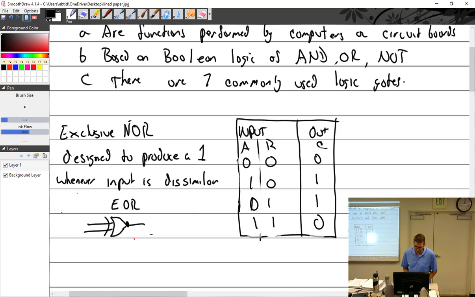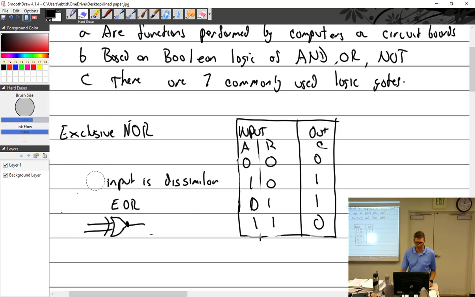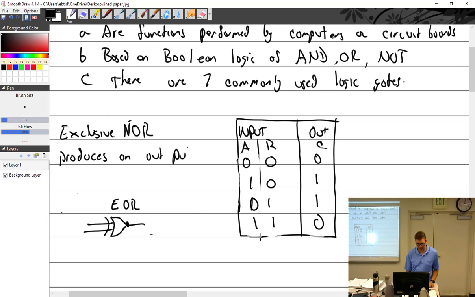Exclusive NOR produces an output pattern exactly opposite of the EOR.